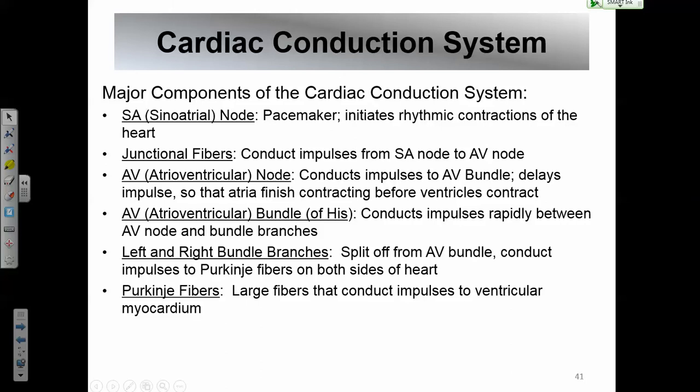You don't have to know that name, but from the SA node, the impulse travels across the atria, and then from there it gets into the AV node, which then goes down into the AV bundle, which branches. You don't have to name the branches, but they branch, and then that goes to the Purkinje fibers. So make sure you know that order, okay? SA node to AV node to bundle of His to Purkinje fibers, okay?